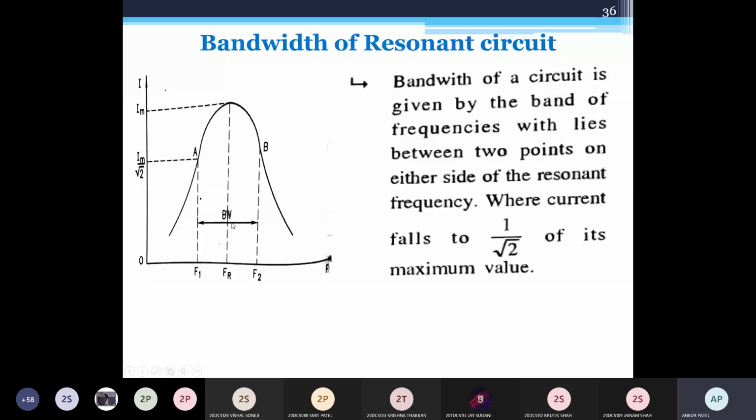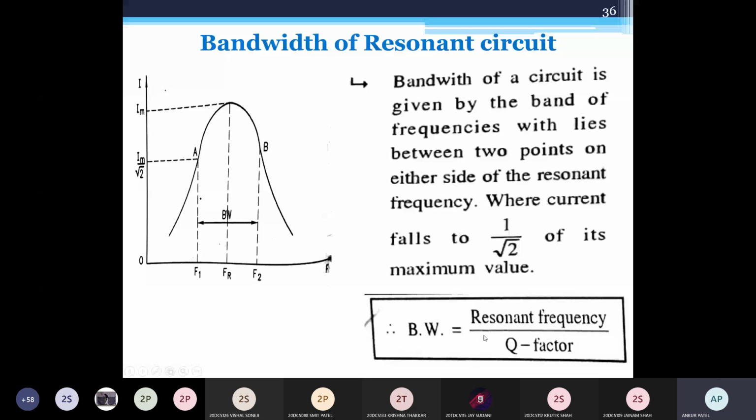So this is the bandwidth definition: the band of frequency on either side of the resonant frequency where the current falls to 1 upon root 2 of its maximum value. Bandwidth is also given by the ratio of the resonant frequency to the Q factor, FR by Q. In examples, if you are asked to find the bandwidth, you can use this relation FR by Q.